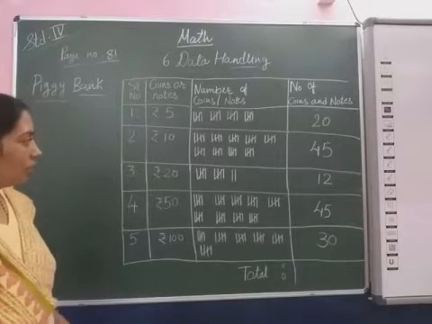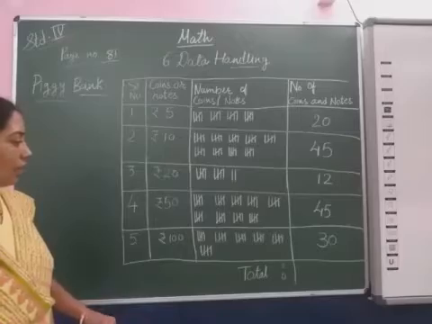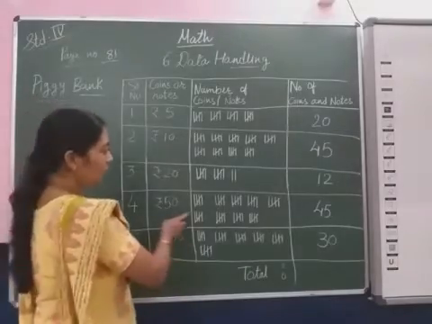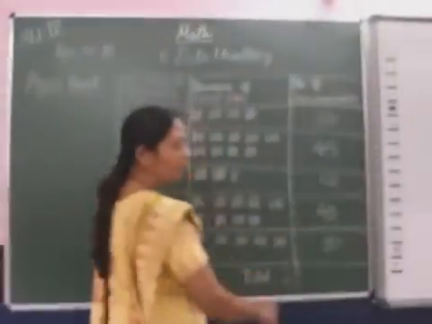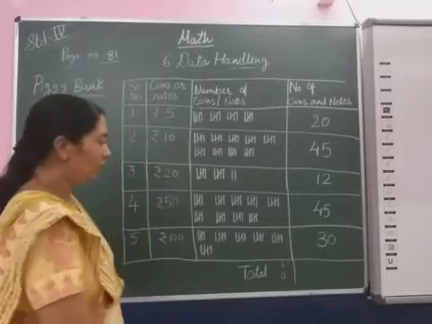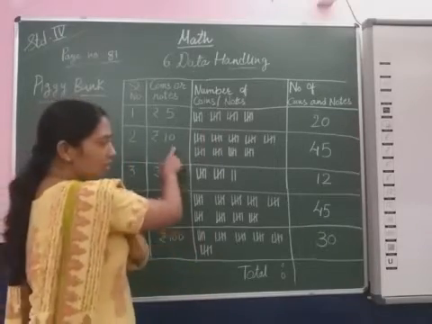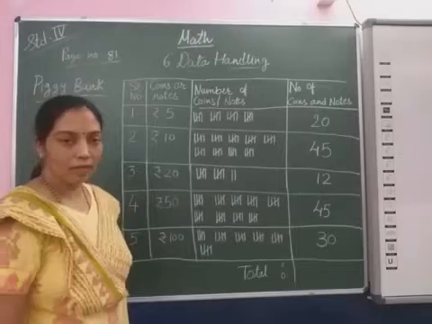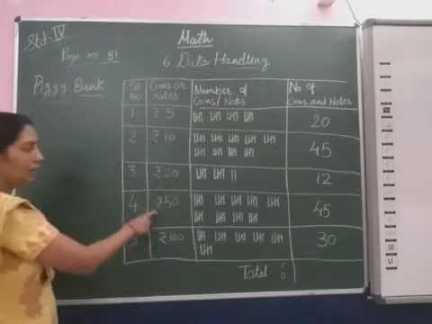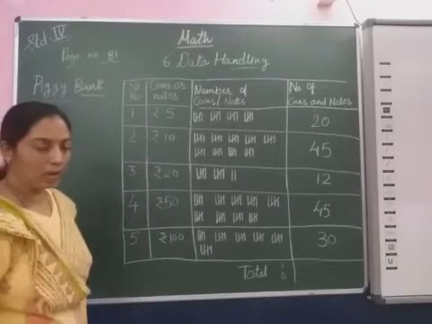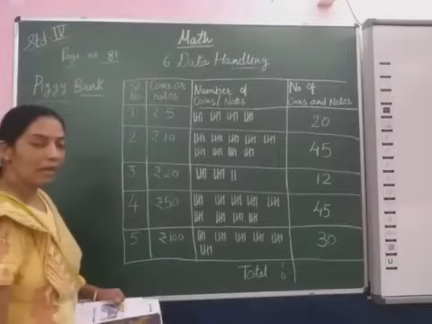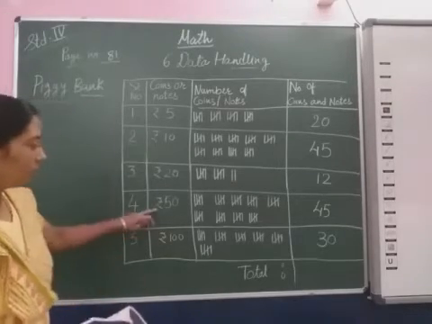Highest in number, we can see from this table, is 45, and 45 is the highest. We can say that he got the same number of two notes from this piggy bank, rupees 10 and rupees 50.